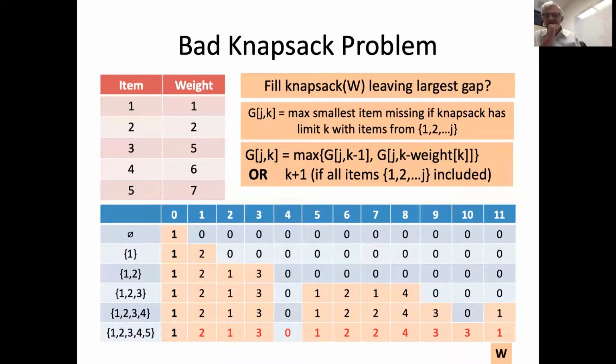That's why sorting is important here, and why filling up that table with the smallest item you're missing is also important. Now I can go down to the last row and work my way backwards and figure out where it is that's going to work for me.